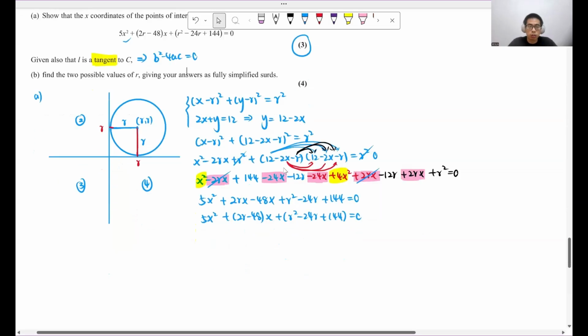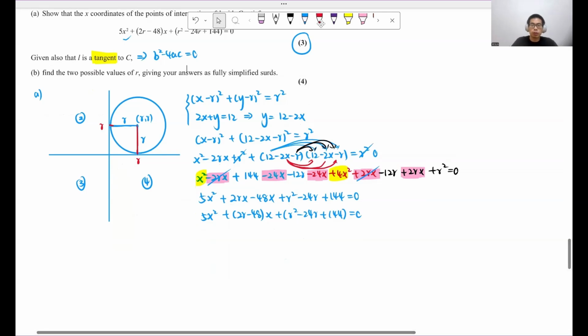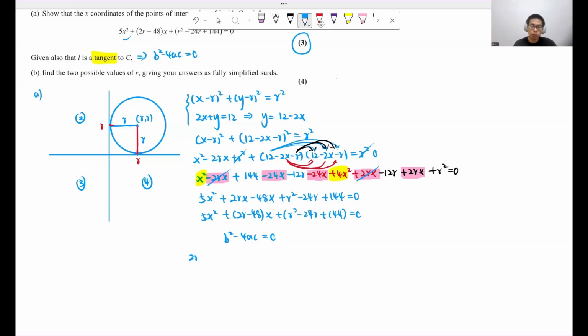We can just use the result from before: a is 5, b is 2r minus 48, and c is r squared minus 24r plus 144. So b squared minus 4ac equals 0: (2r minus 48) squared minus 4 times 5 times (r squared minus 24r plus 144) equals 0.